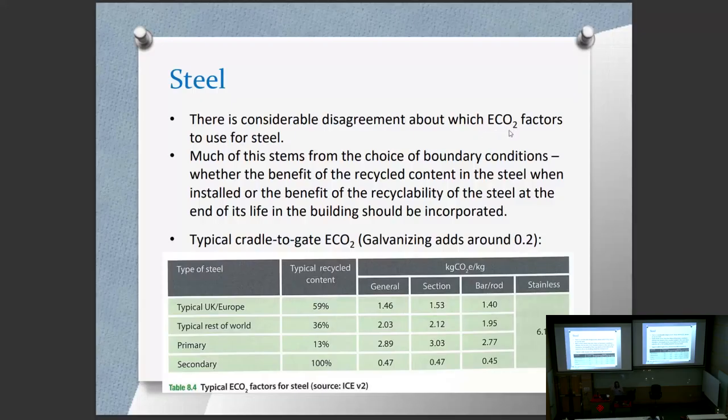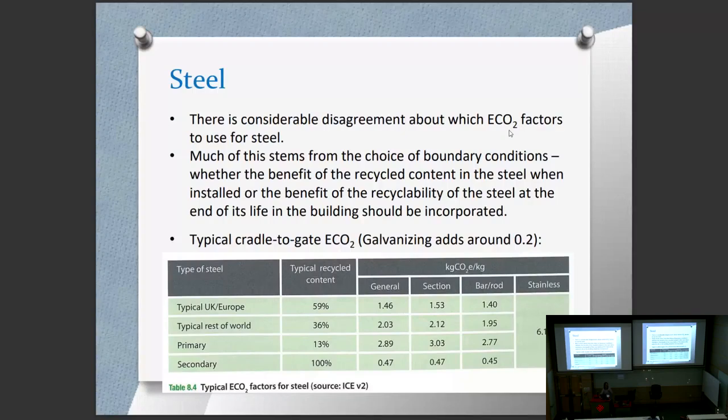So there is considerable disagreement about which embodied carbon factors to use for the steel. Much of this stems from the choice of boundary conditions. So whether the benefits of recycled content in the steel when installed, or the benefits of the recyclability of the steel at the end of its life in the building, should be incorporated. Steel is a kind of expensive metal, and therefore whenever it is possible, the steel will be recycled.